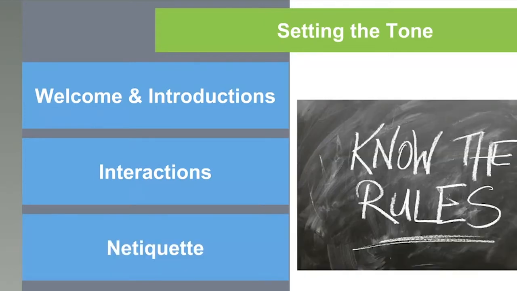In setting the tone, it's very important that you clearly state expectations for how students are to communicate online. It's important to be explicit about standards for communication that apply to your course. So some considerations can include treating everyone with respect, not using all capital letters in emails or discussion board postings.